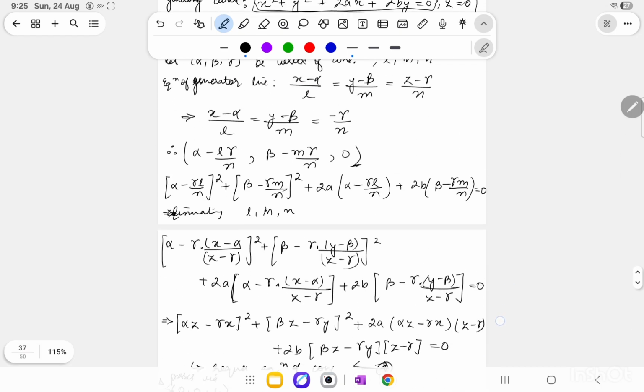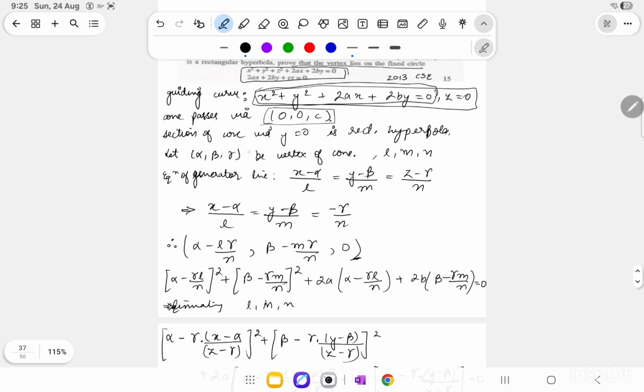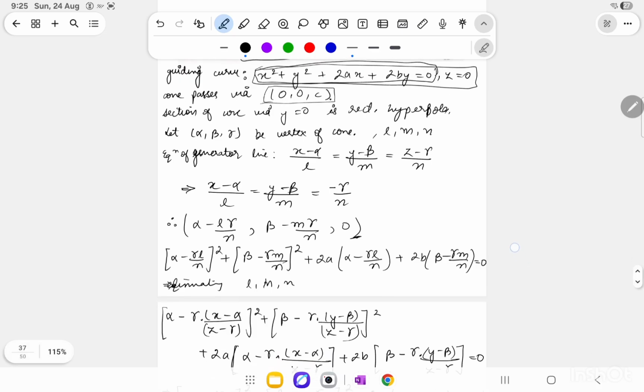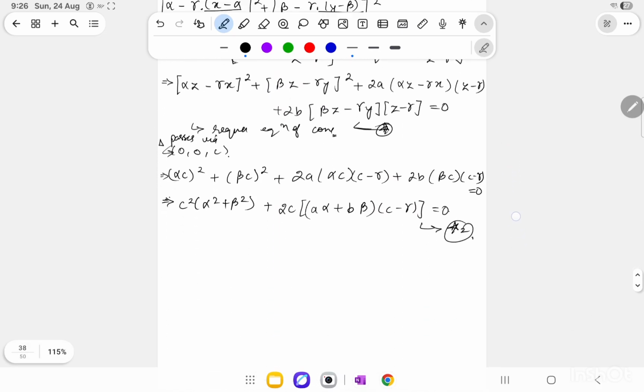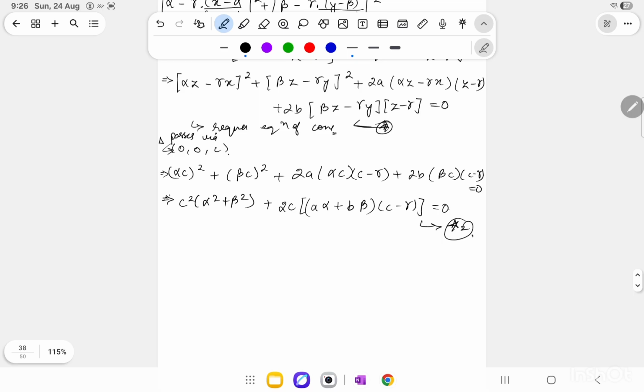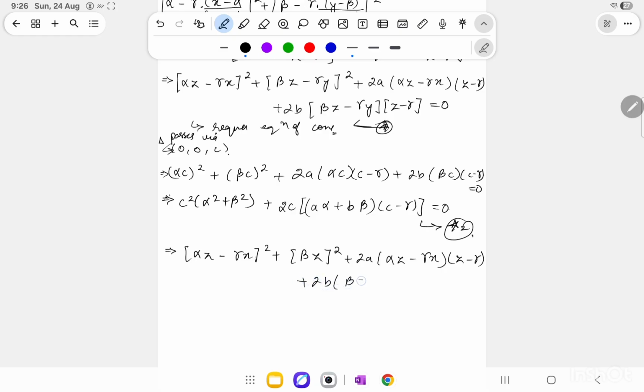Further it says that the section of the cone via y equals 0 is a rectangular hyperbola. If we put y equals 0 in this equation, we'll get (alpha z minus gamma x) whole square plus (beta z) whole square plus 2a (alpha z minus gamma x) into (z minus gamma) plus 2b (beta z) into (z minus gamma) equals 0.